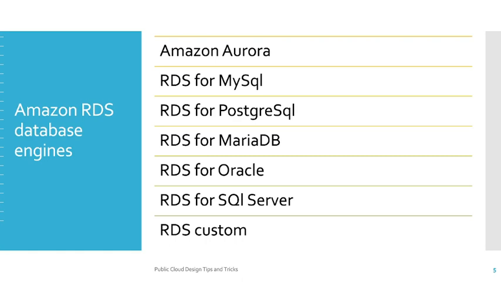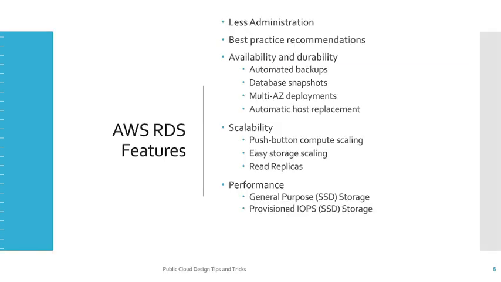If you want PostgreSQL capabilities in Amazon, then you can use RDS for PostgreSQL, and RDS for MariaDB for MariaDB, and RDS for Oracle, and RDS for SQL Server, and RDS Custom. So RDS supports all these database engines in a single PaaS service. That is the beauty of Amazon Relational Database Service.